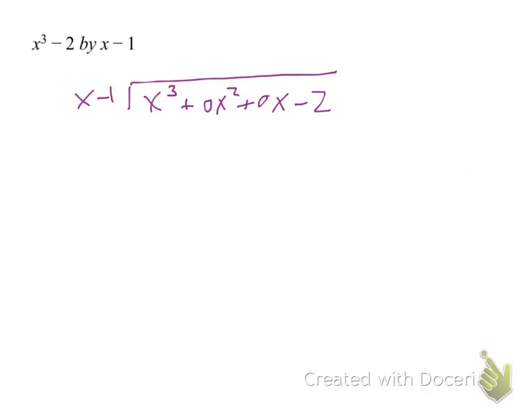So on this particular problem, we're going from a degree of 3 all the way to the constant. That means there's stuff missing. We need to put our placeholders in. And so when I go to set this up, x minus 1 is definitely on the outside. Inside, though, starts off with x cubed plus 0x squared plus 0x minus 2.